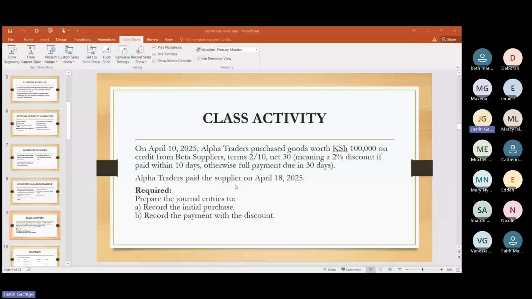So now the payable has decreased because you have paid. So you debit Better Suppliers and you credit the cash or bank. That is how we are going to deal with that.